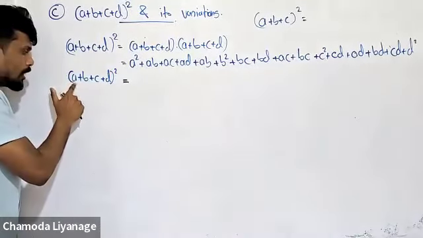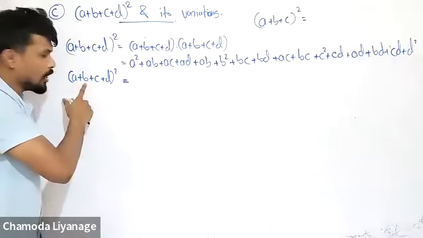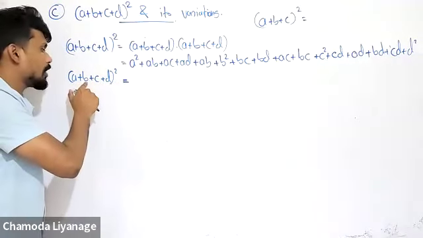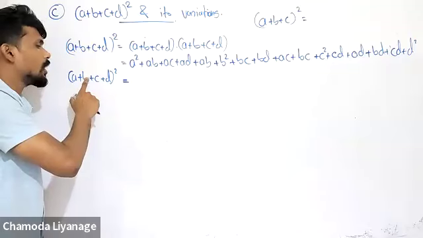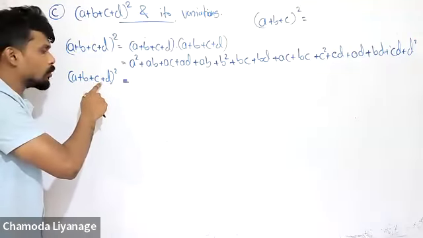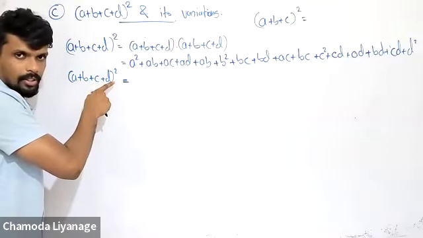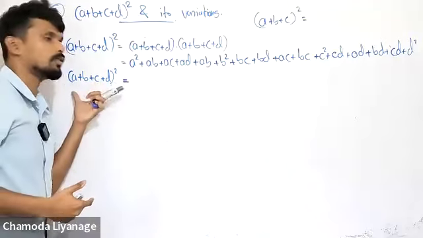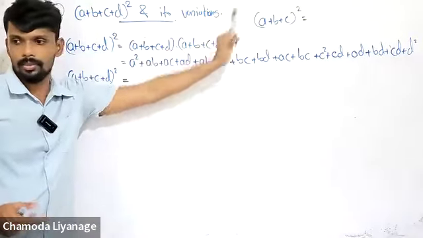Then 2 times a into b, 2 times a into c, 2 times a into d. After that, come to b: 2 times b into c, 2 times b into d, and finally 2 times c into d. That should be the expansion according to this pattern.